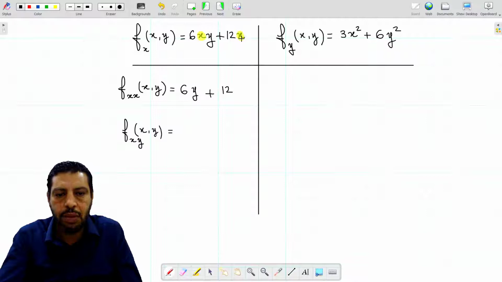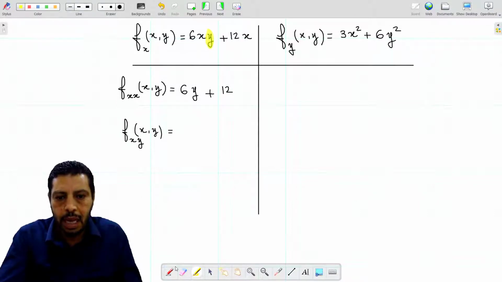Now, we're going to make the derivative of the same quantity, but this time with respect to y, since we are asked to compute fxy. I will highlight the y inside, and the y appears only here. Its derivative with respect to y is 1, so you obtain 6x, and there is no y in the second term, which gives 0.